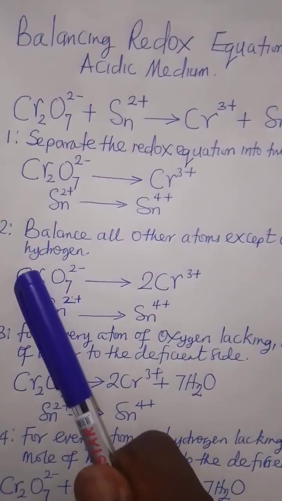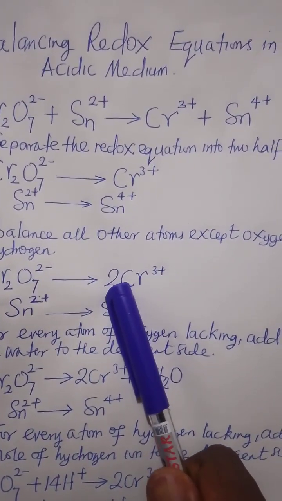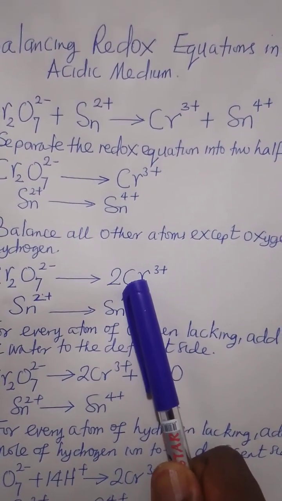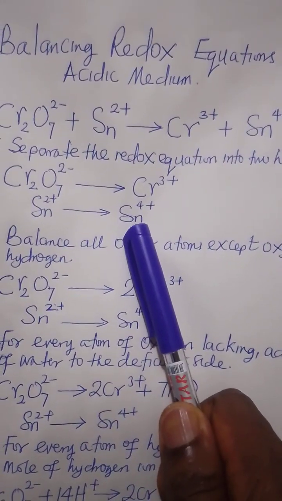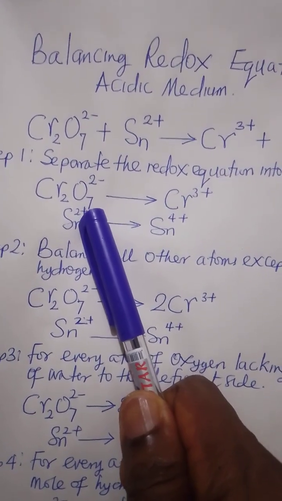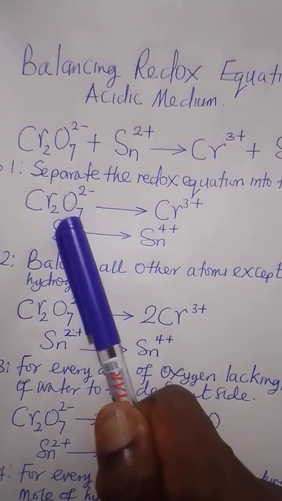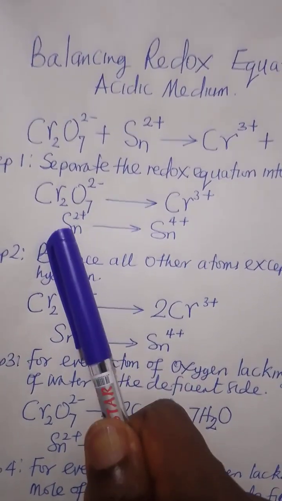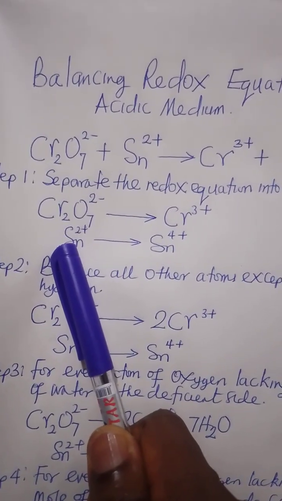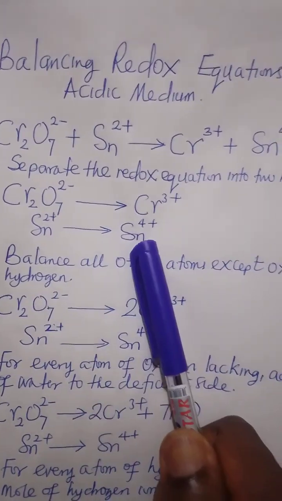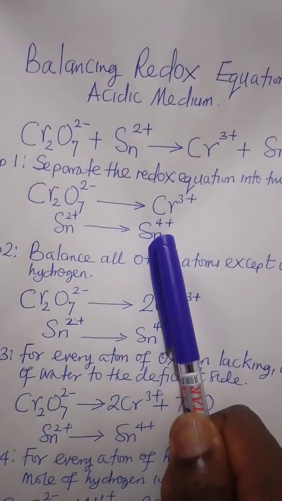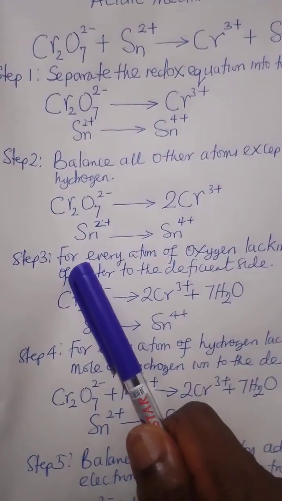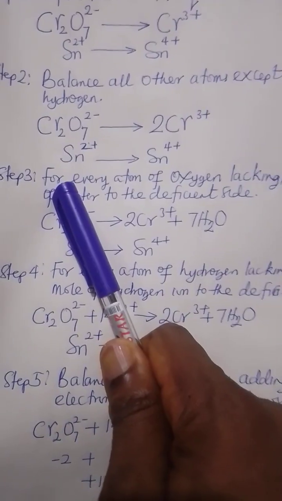So in order to balance the chromium, we put 2 here. Tin, 1 atom, tin, 1 atom. Don't use the 2+ or 4+, these are charges. The number of atoms of tin here is 1, and that of tin here is also 1. So tin is balanced.